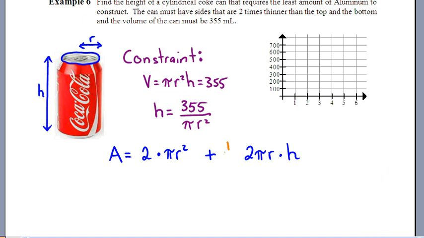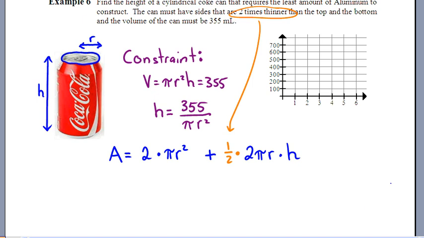It says, you know, the sides can actually be twice as thin, so they're going to have less aluminum there. And so I don't want to count that aluminum as aggressively, and that's just this little bit of info there. These stories don't always have that, but this one's definitely talking about it. So I'm going to just throw that in this way. It's kind of like I'm finding surface area, but I only want to count the area on the side as half because the aluminum will be so thin there.